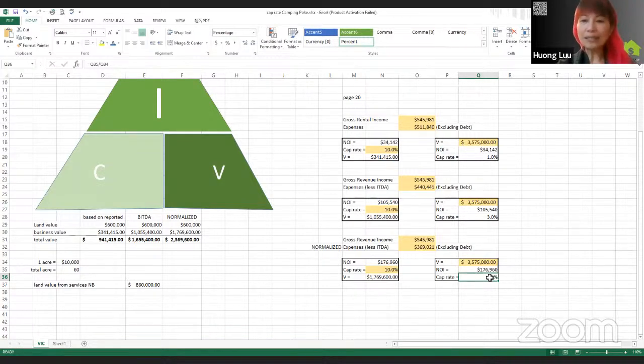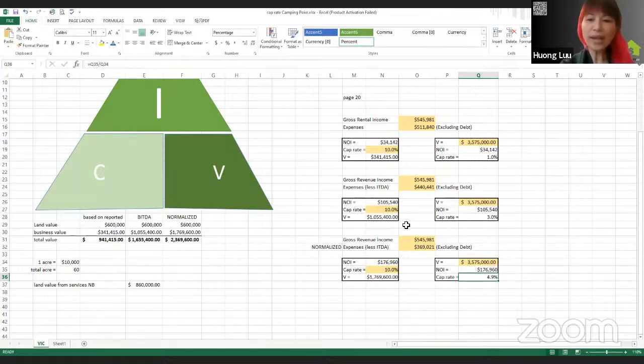So it's still not a great thing, because this cap rate is lower than the inflation rate. So as you can see, I went up from a 1% to 3% to about a 4.9% cap rate just by working with the expenses. If you can decrease the expenses or increase the income, you improve your cap rate significantly.